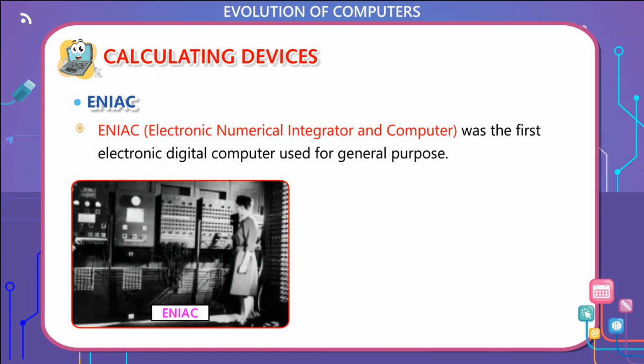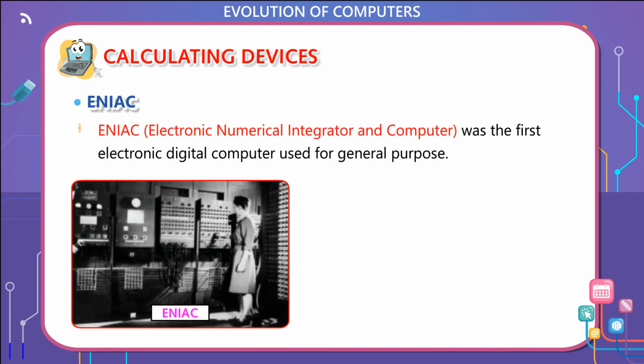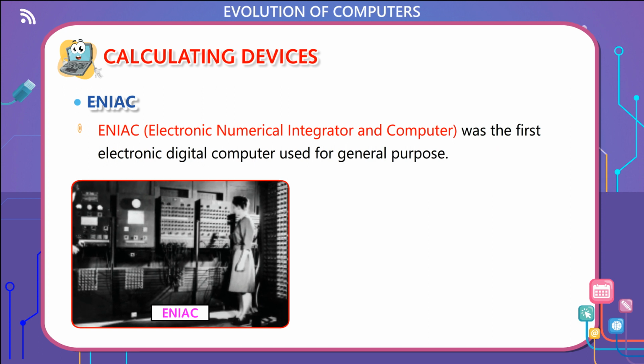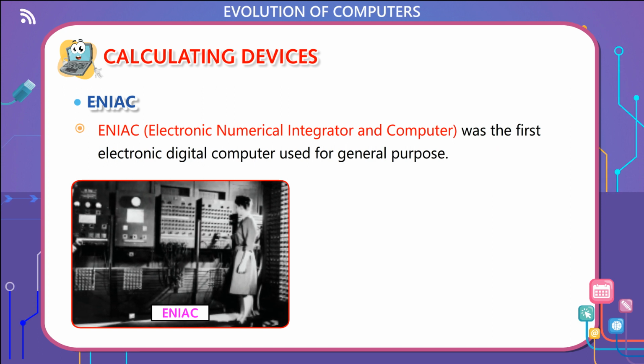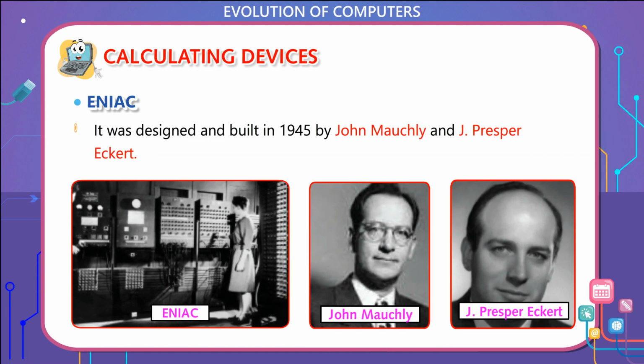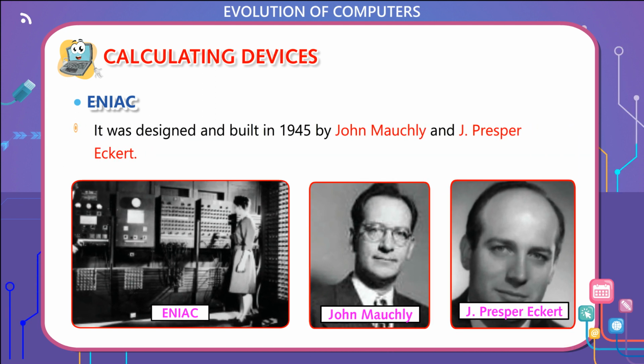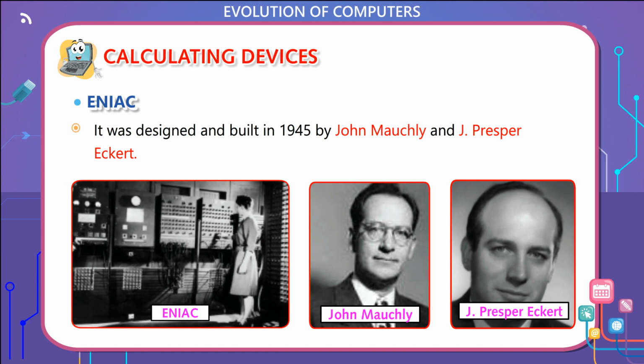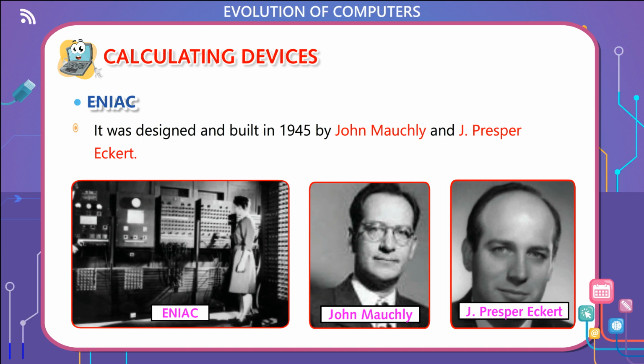ENIAC, Electronic Numerical Integrator and Computer, was the first electronic digital computer used for general purpose. It was designed and built in 1945 by John Mauchly and J. Presper Eckert.